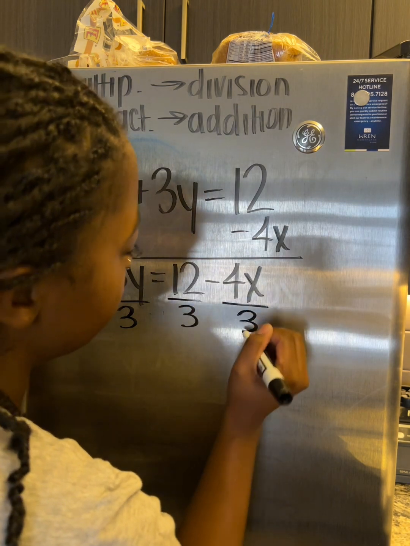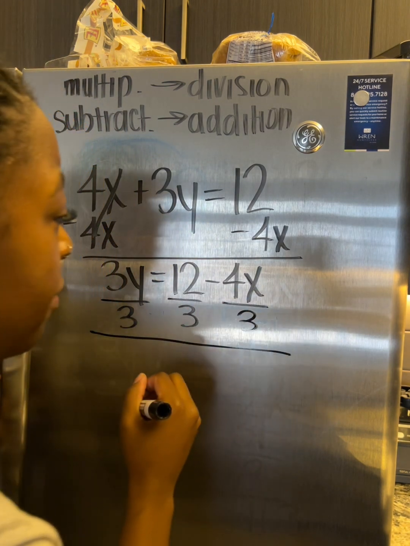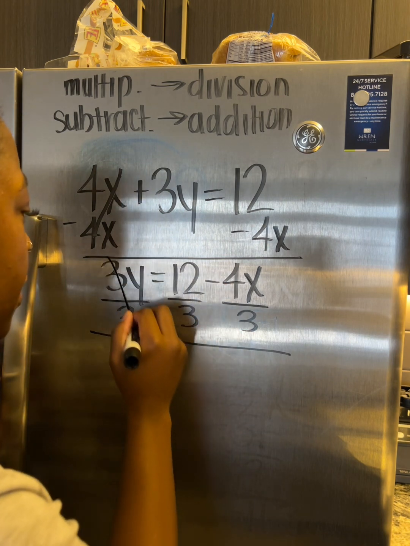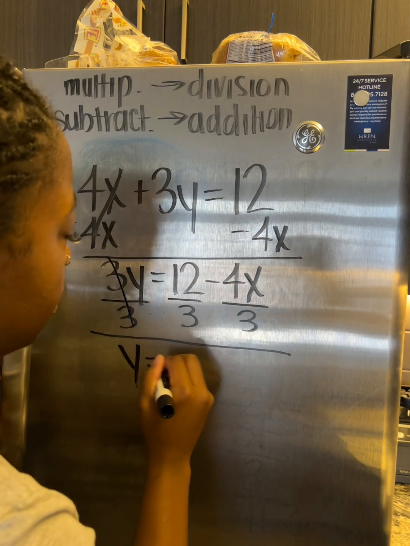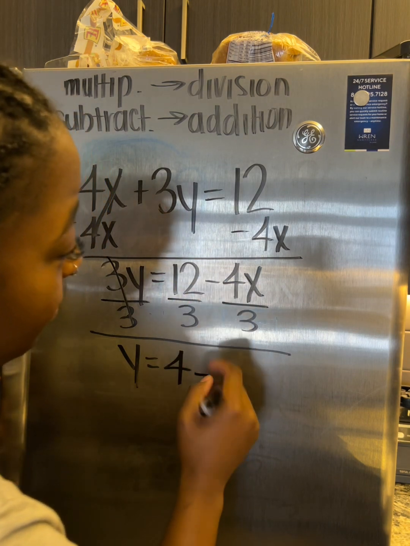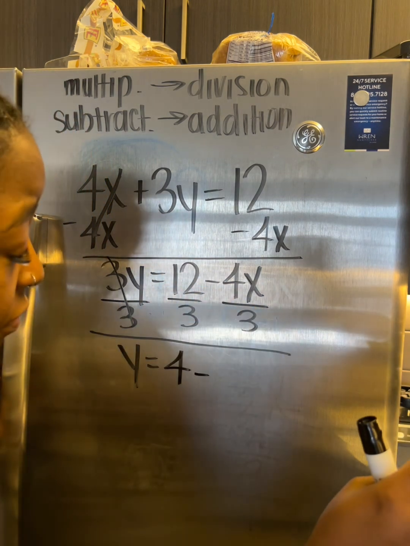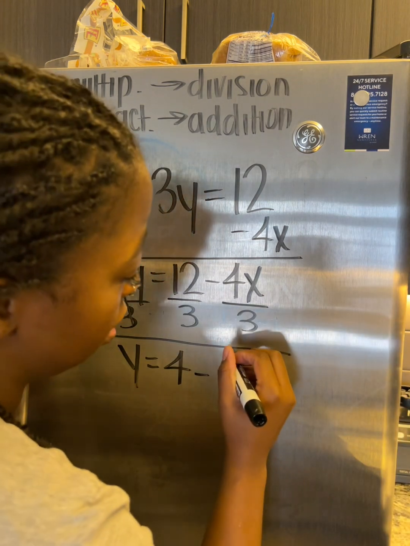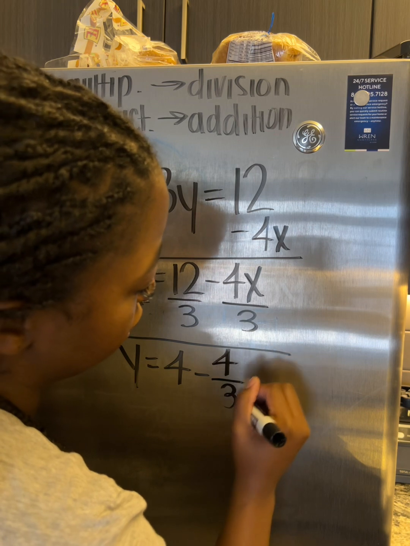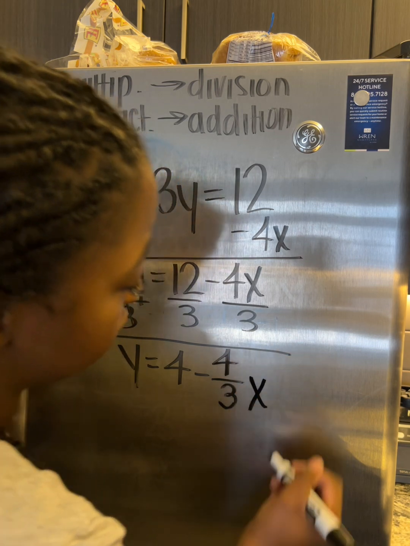So when I say divide the whole thing by 3, that means divide every number by 3, okay? Those 3's cancel out. 12 divided by 3 is 4. Minus, and we can leave the fraction. You don't have to do a whole bunch of decimal cooking and stuff. 4/3 x.